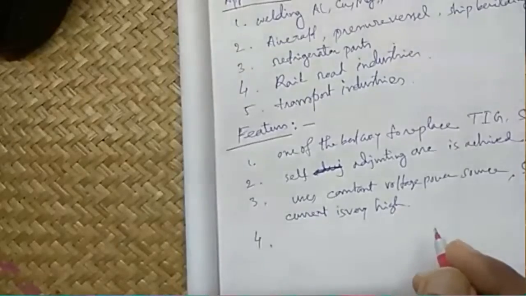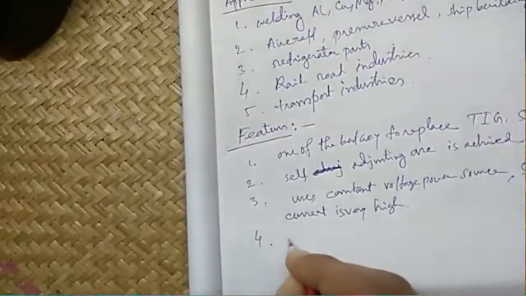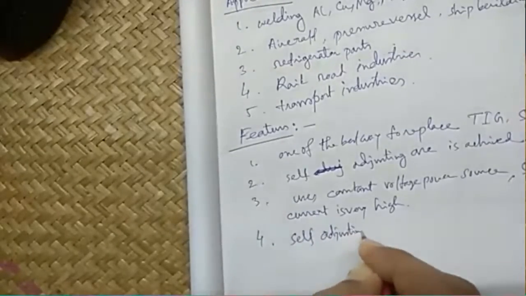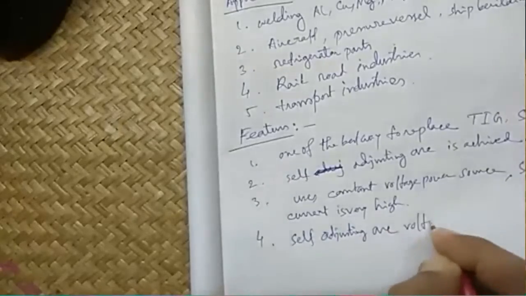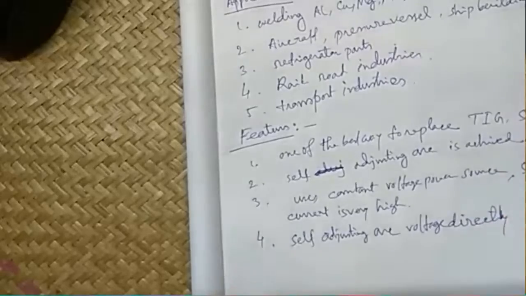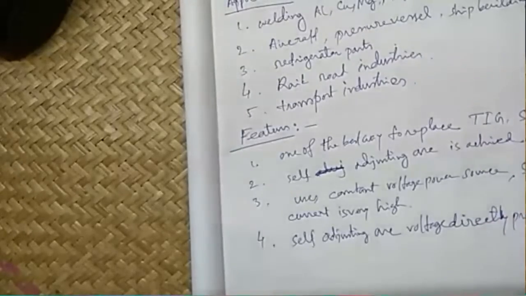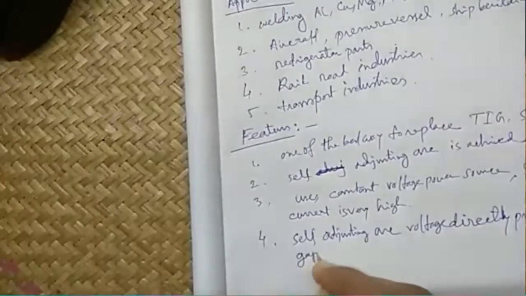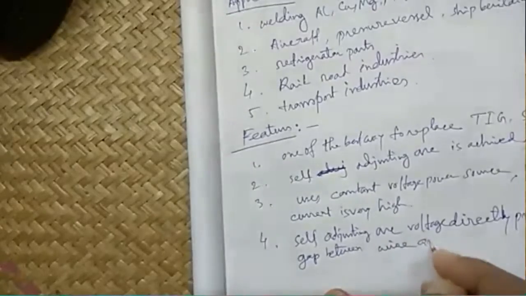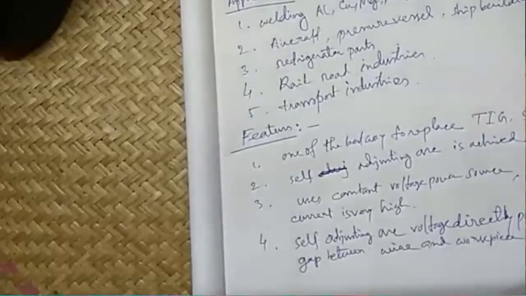Number 4, self adjusting arc voltage directly proportional to the gap between wire and workpiece.